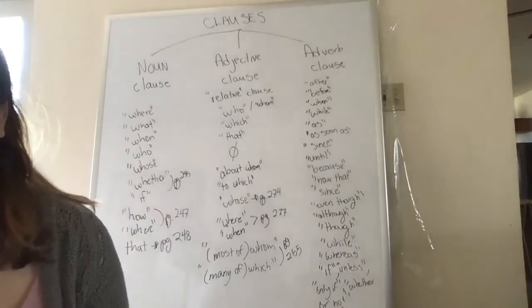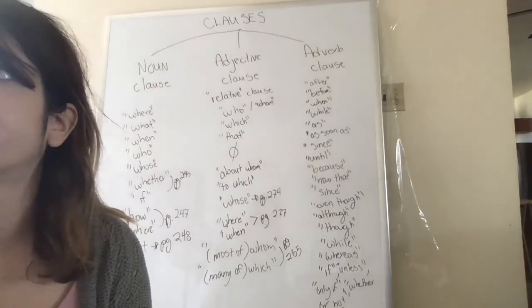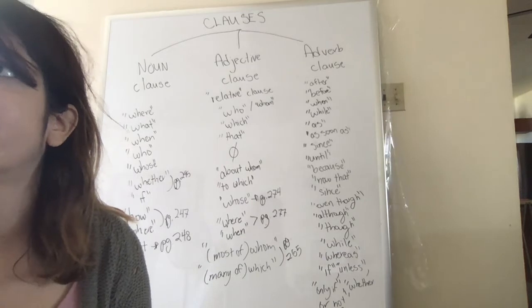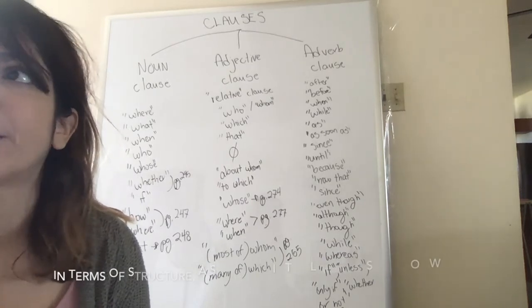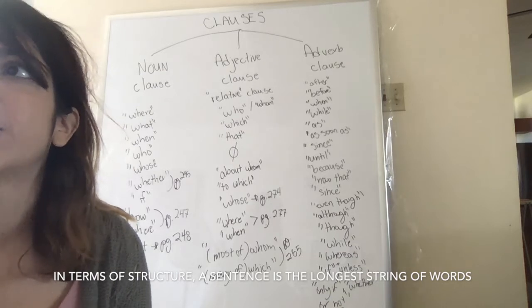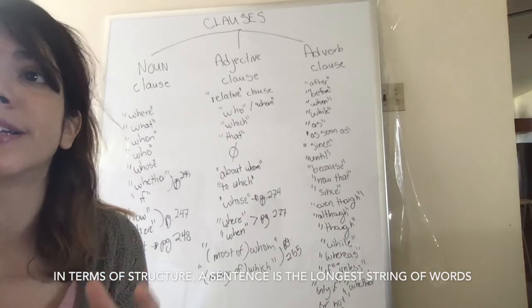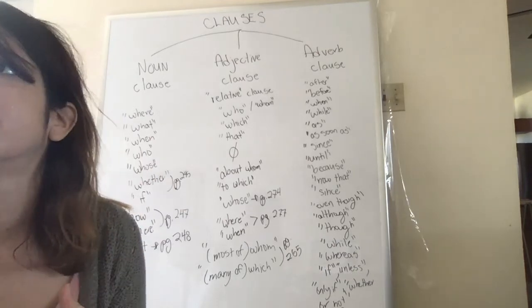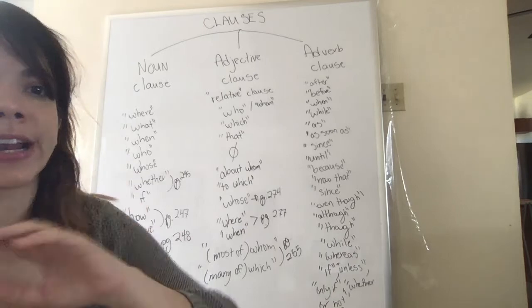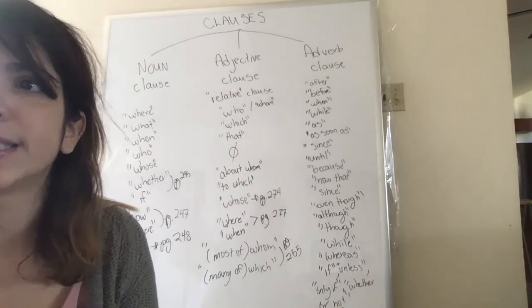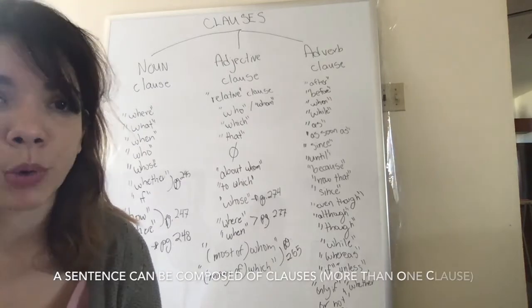So we said that there are different kinds of clauses, and in our order of events, a sentence is the biggest utterance that you can get in grammar, the biggest string of words that is constructed in such a way that it's organized, it's systematic, and it communicates meaning. So on our bigger scale, we have a sentence, and that sentence can have more than one clause.